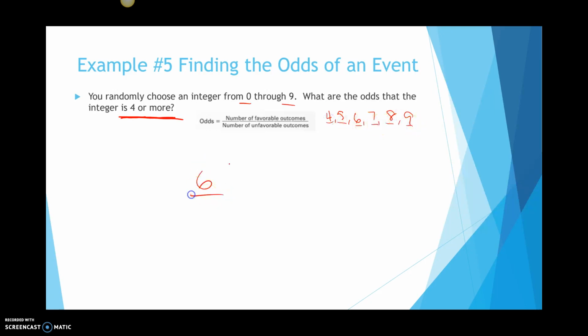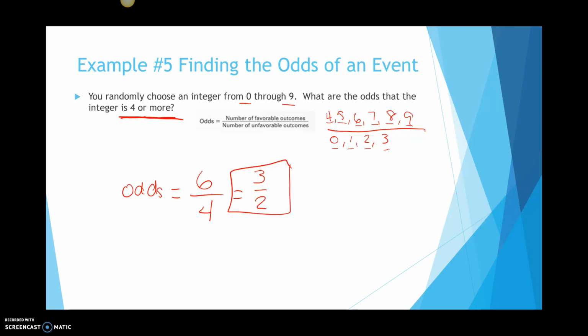So that's 6 over the unfavorable numbers, which would be 0, 1, 2, and 3. We don't count 4 because 4 is considered a favorable outcome. So that's out of 1, 2, 3, 4. That's going to be 6 out of 4. Can we simplify that? We can. We simplify that to 3 over 2. And that would be my answer for the odds of that event occurring.